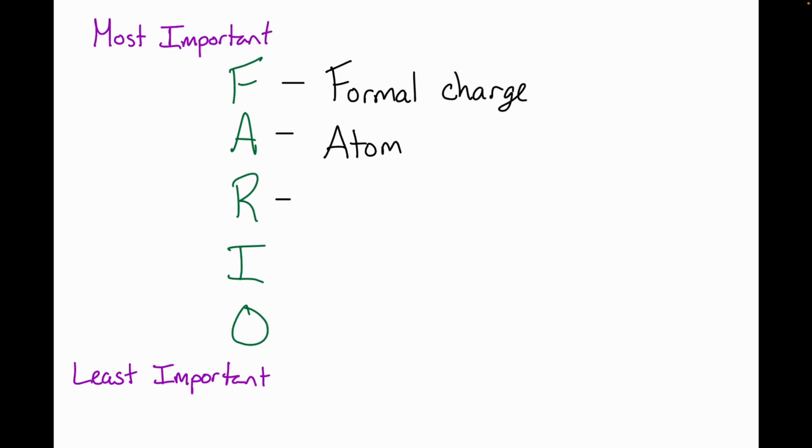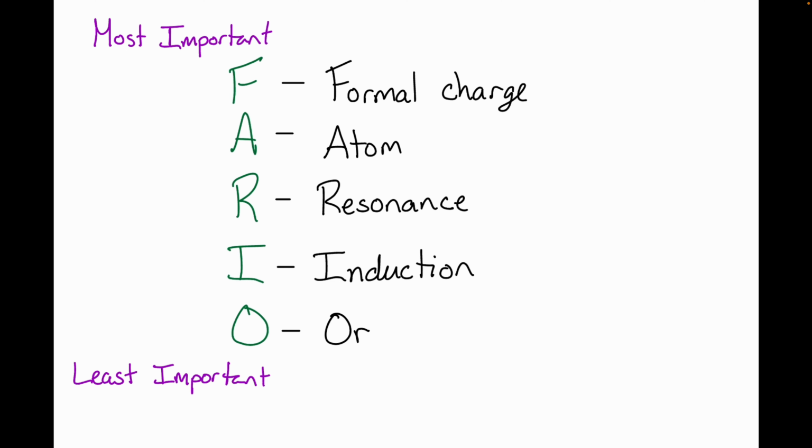The R: we're going to look for any resonance stabilization in our conjugate base. Anytime you can draw multiple resonance structures, that means you're looking at a more stable molecule. The I is going to be a brand new concept that we're going to throw at y'all today, what's called induction. And lastly, the O stands for the orbital, or more particularly the hybridization of the orbital that's donating the hydrogen.